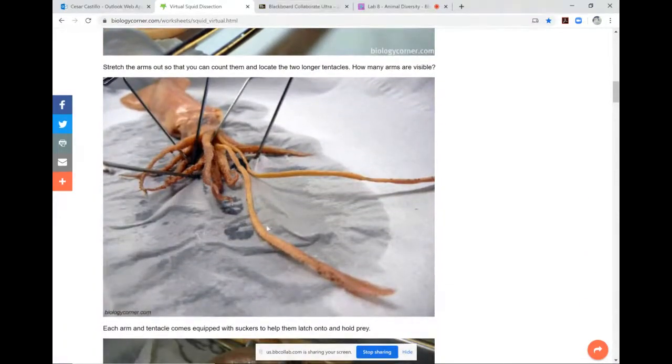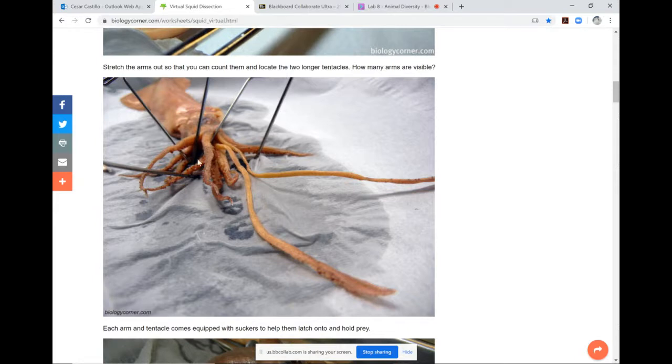Okay, so here are the two long tentacles and the 8 arms. 1, 2, 3, 4, 5, 6, 7, 8. Okay. And these are 9 and 10. All right, so remember the muscular foot.